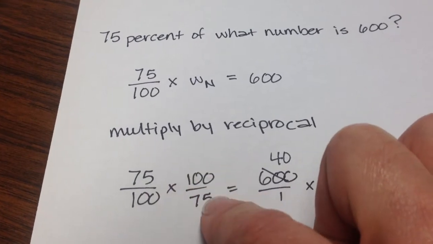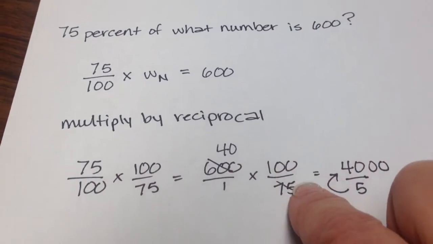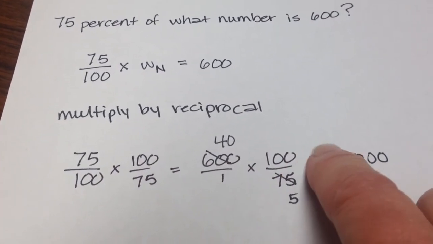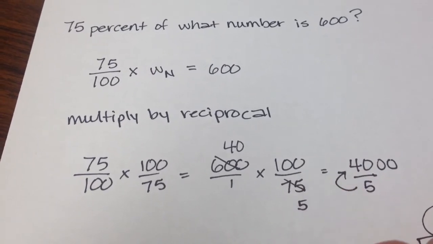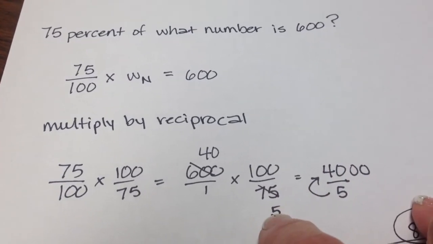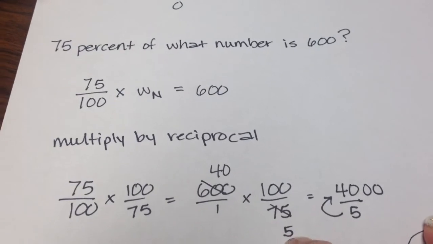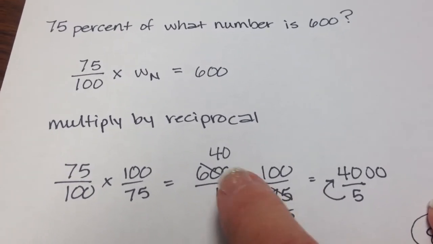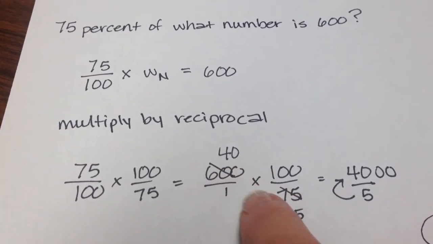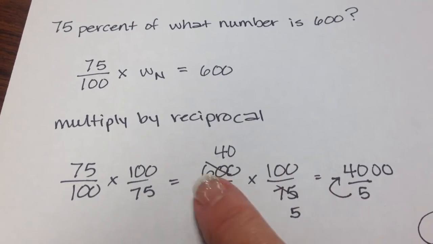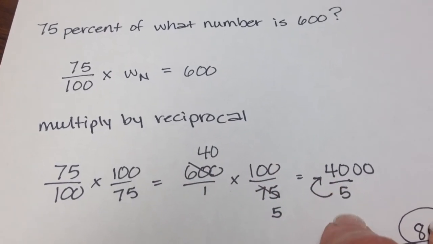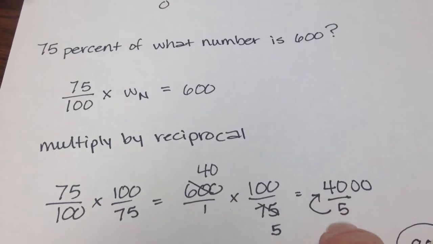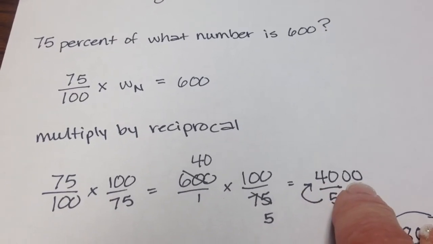If I do this to one side, I have to do it to the other side. So I have 600 over 1 times 100 over 75. Guess what? We can reduce that down. And now we have 4 over 1 times 100 over 5. Multiply across. I have 5 as my denominator, 400 as my numerator.